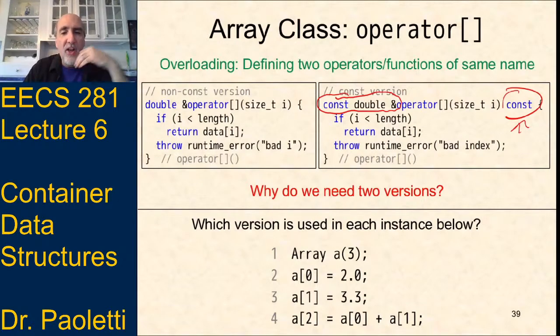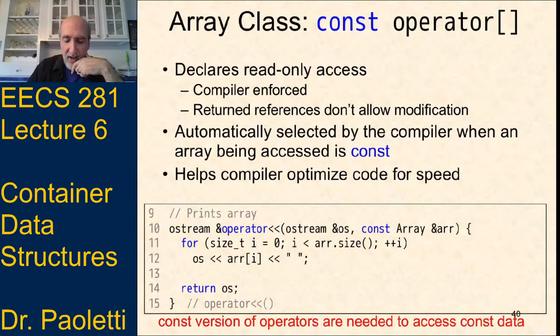This one says the people that I give the reference to can't change it. So because the people I give a reference to can't change it, it's safe to use in certain circumstances, like this one. I say I accept an array object by const reference. I'm a new output operator. I'm going to send this array object to the screen.